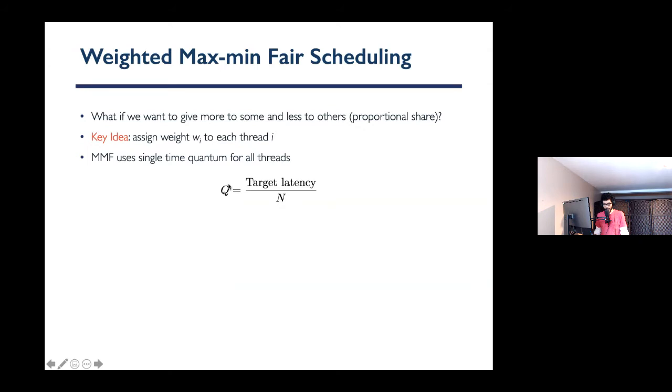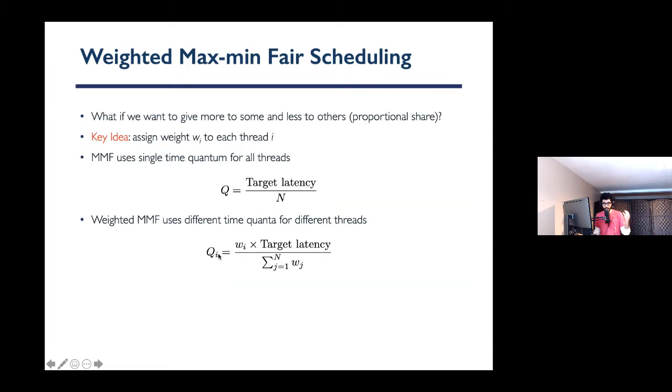So now we're going to define a time quantum per thread instead of having a global time quantum. Sorry, I apologize. The time quantum is globally defined as the target latency divided by n, as described in the previous slide. Now we just add weights to it to have a specific time quantum for each thread.